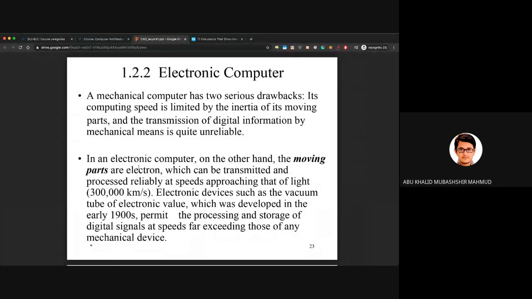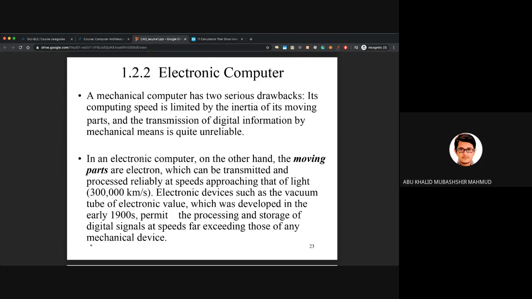Now, in the electronic computer, these drawbacks were removed. The computing speed of the mechanical computer was very slow, and the transmission of digital information was quite unreliable.